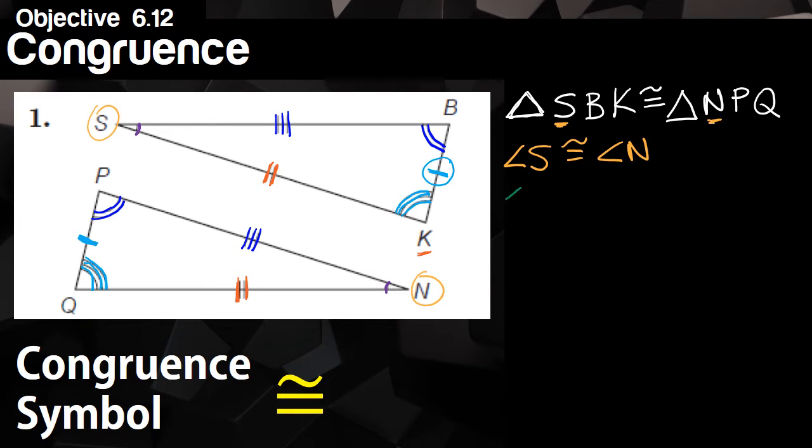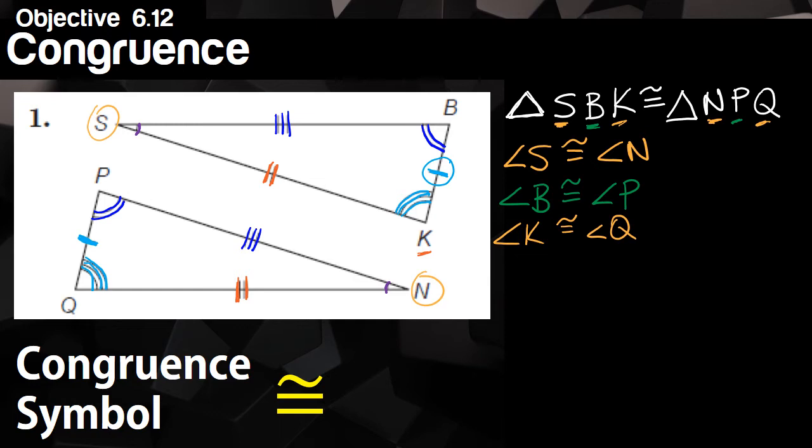We can also say that angle B is congruent, we drew the equal sign with the squiggle on top, to angle P. And then we can also say that angle K is congruent to angle Q. So now we talked about the congruence of all the angles here.